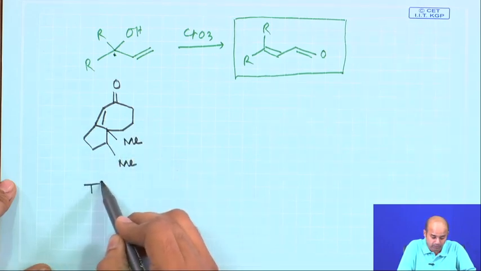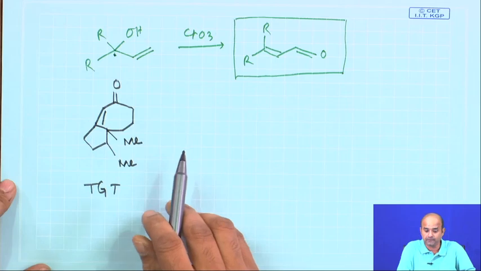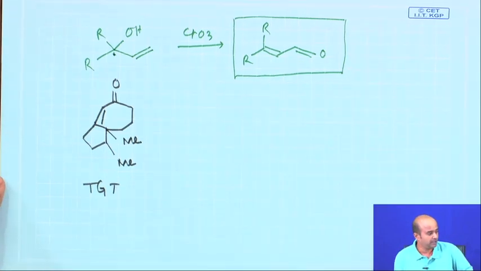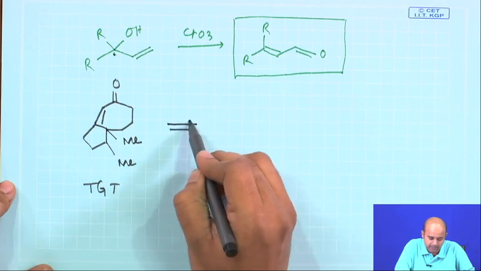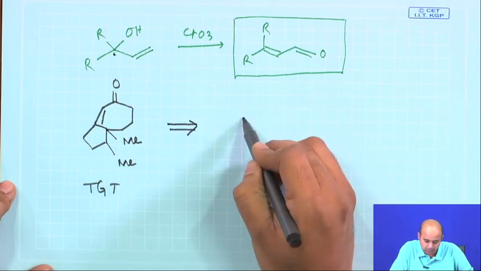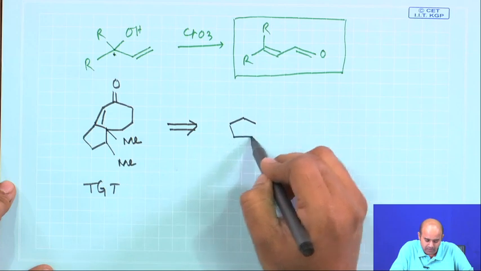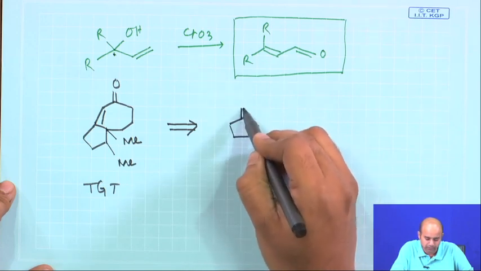This is the target molecule. The target is a bit complex, but the hint is we will be using a Babler kind of oxidation. In a simplified version, I will give you the starting material.